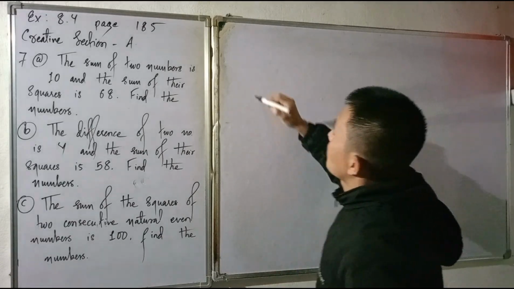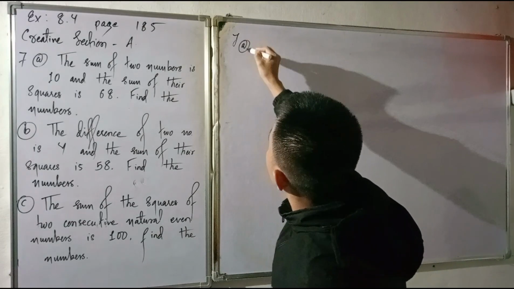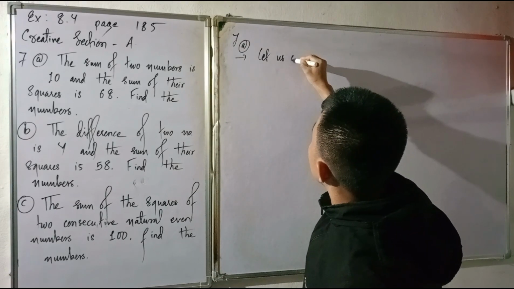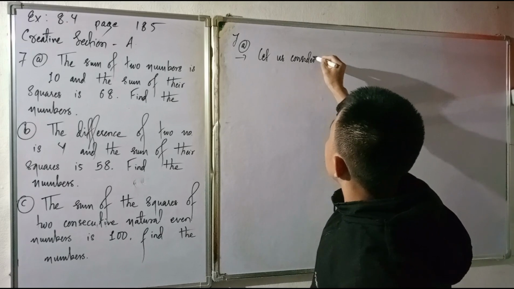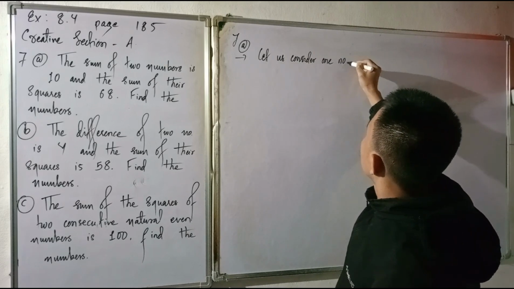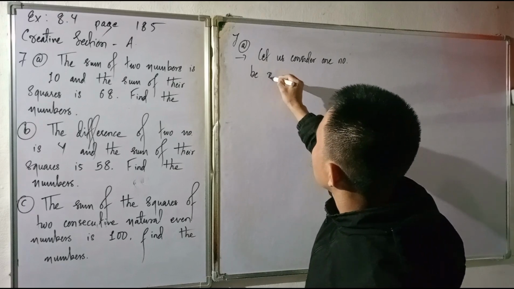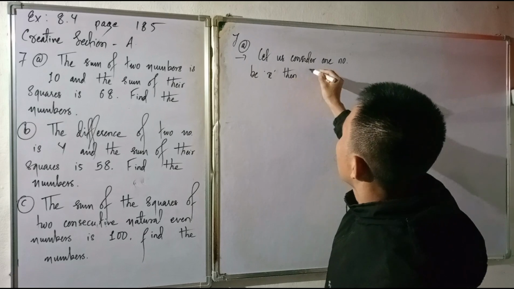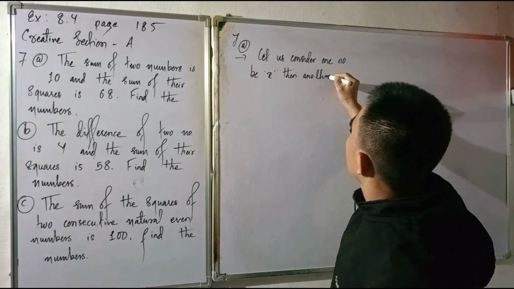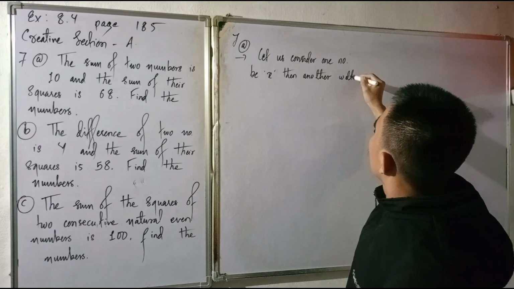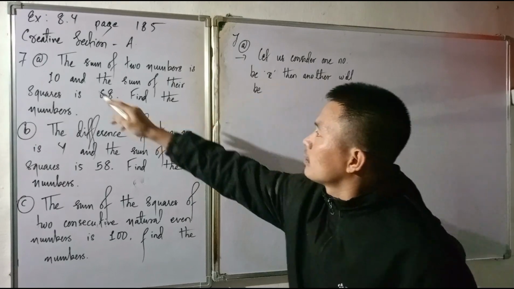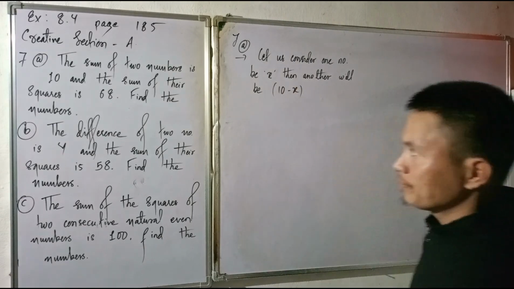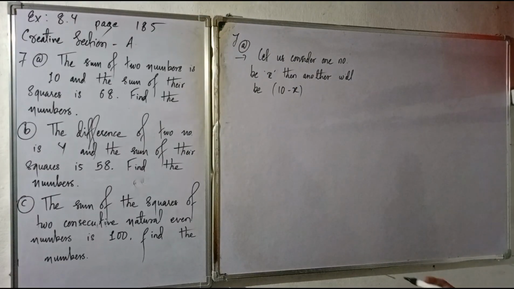That means let us consider one number to be x, then the other will be 10 minus x.